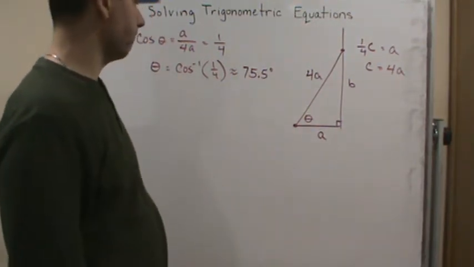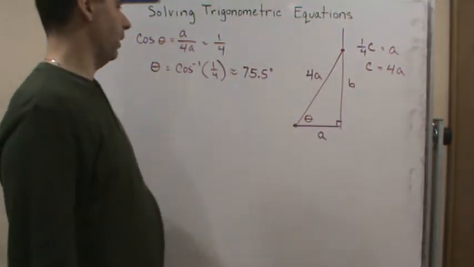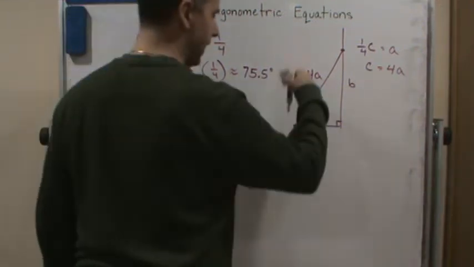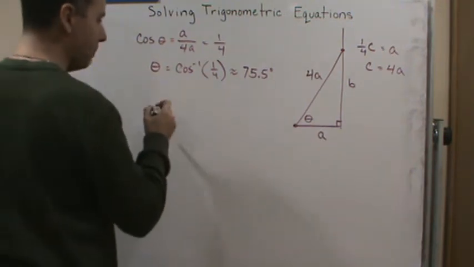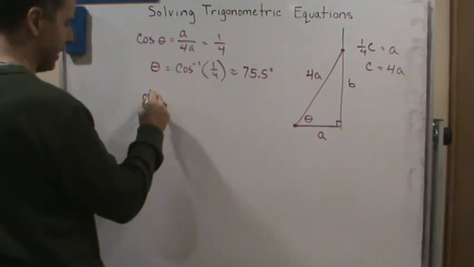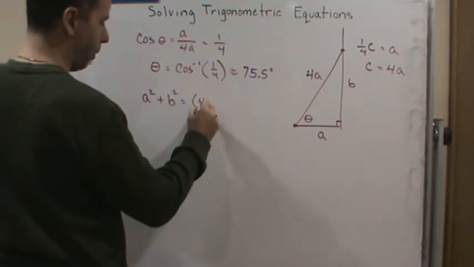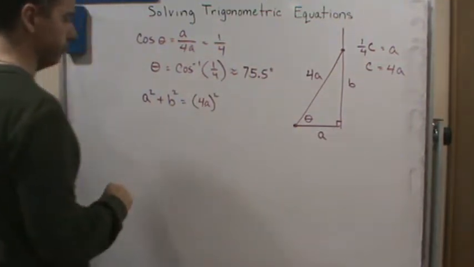Okay. Now, what about B? Well, how would we do B? Well, we want to find what B is, so let's use the Pythagorean theorem. So we know that in this case, a squared plus b squared is equal to (4a) squared.